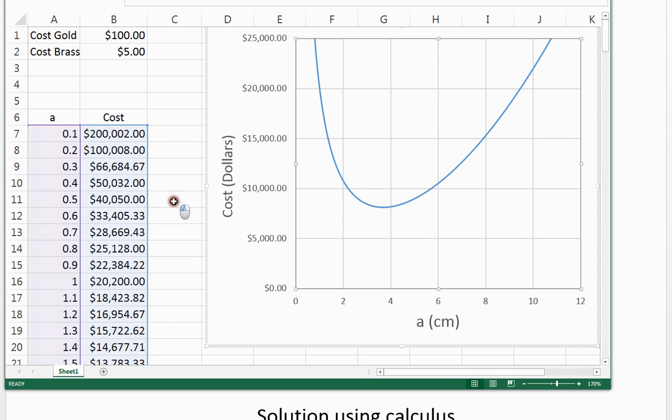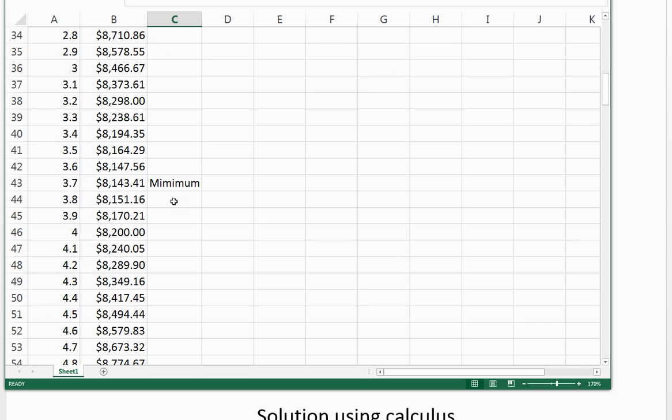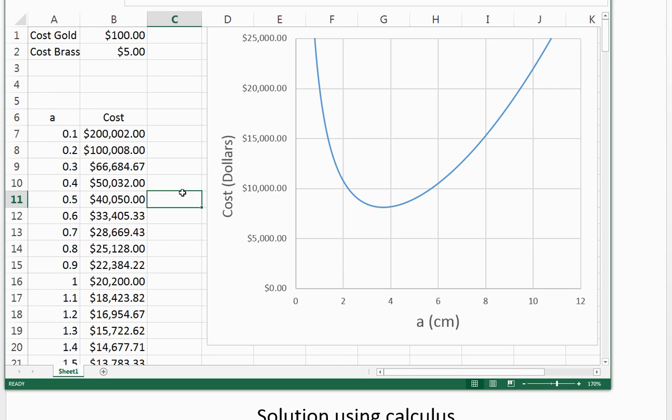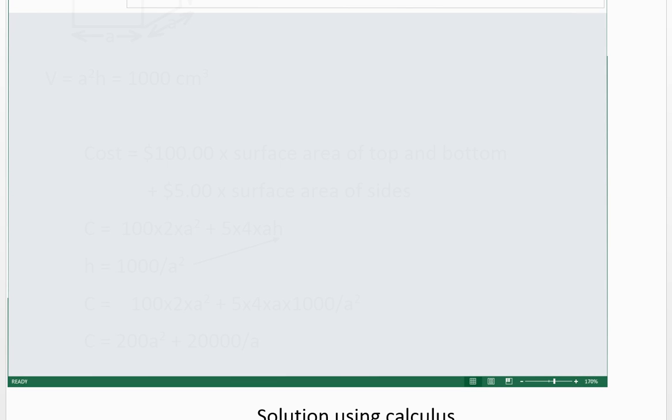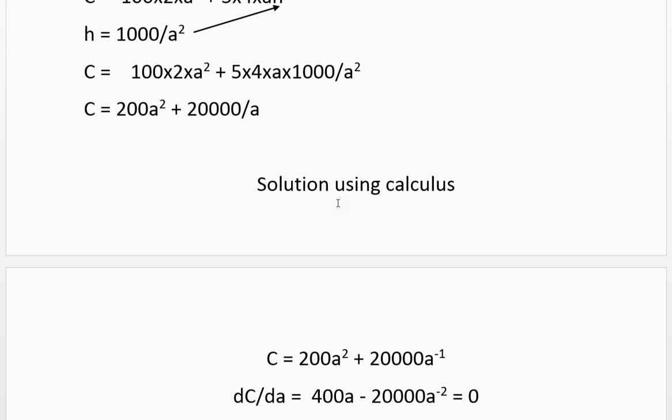I actually figured out where the minimum was, and it turns out to be at 3.7 centimeters, and the minimum cost would be $8,143. Again, these numbers are just something I dreamed up. Probably not realistic, and I could actually change these numbers if the gold changed price. All right, let's now go to the calculus version of solving this equation.